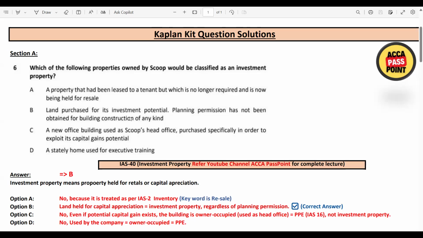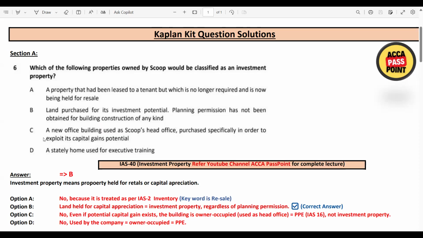So, do you think it's mandatory for an investment property? No, it is not, because we have studied that investment property is for earning rentals and capital appreciation. So in this case, if we are not getting permission for construction, the property is still for capital appreciation. So this is option B.